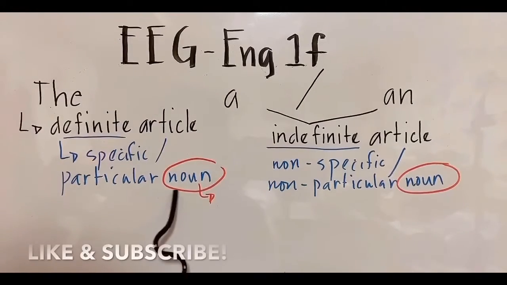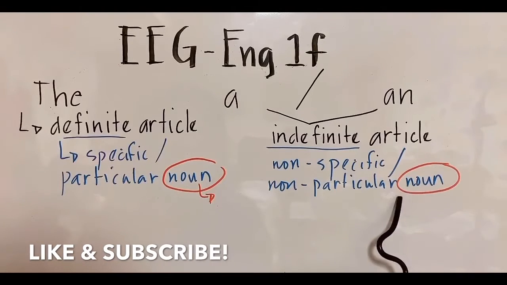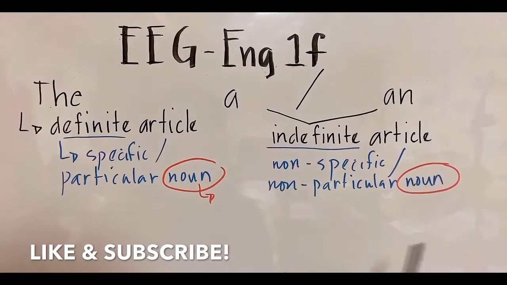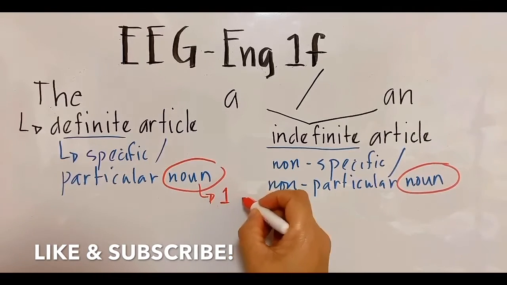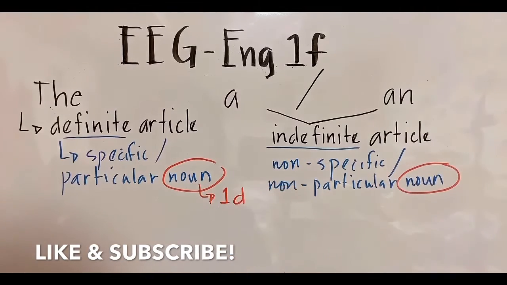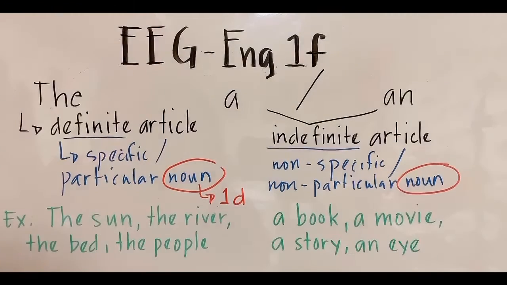Now this noun here or that noun there is also a part of speech. We've talked about that in the previous video in English 1D, so you can always go back to that to learn about nouns. Now let's give some examples to explain them further.